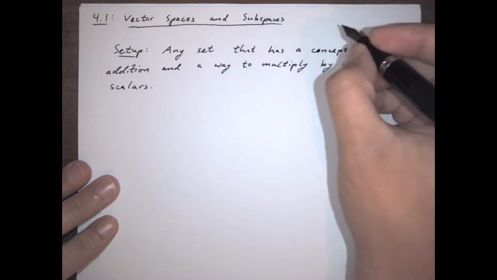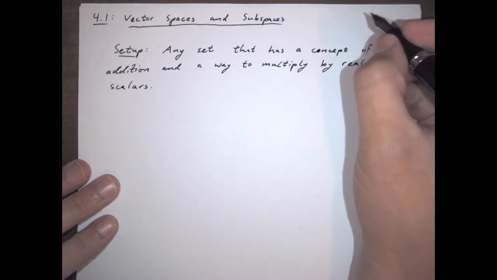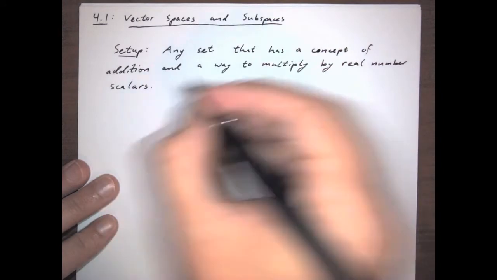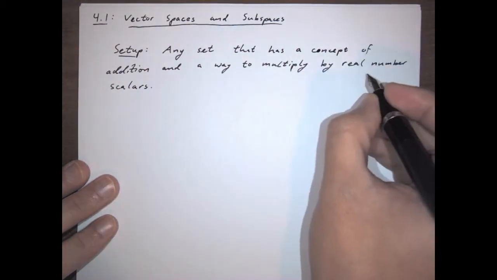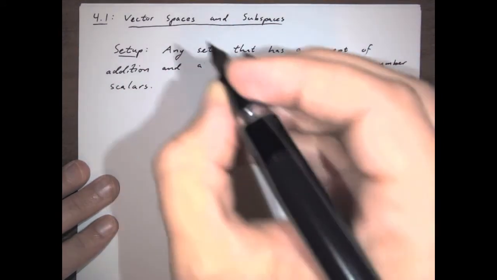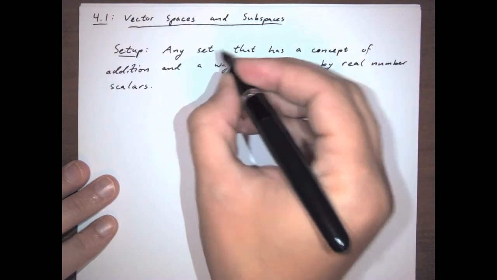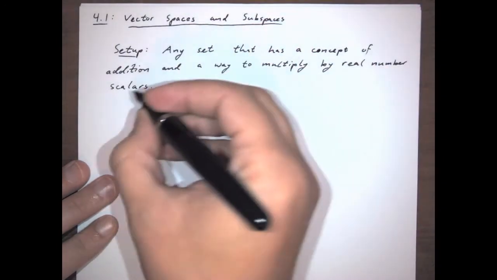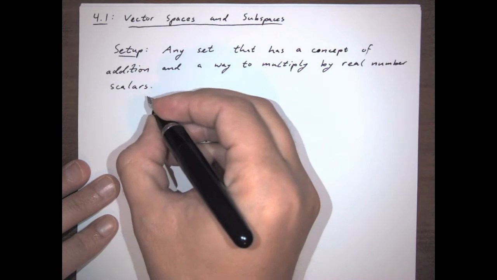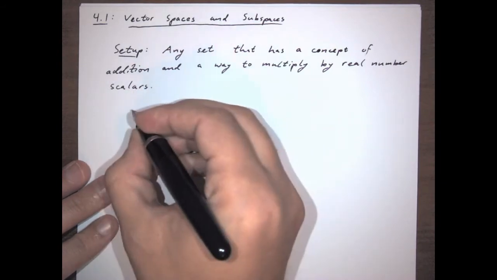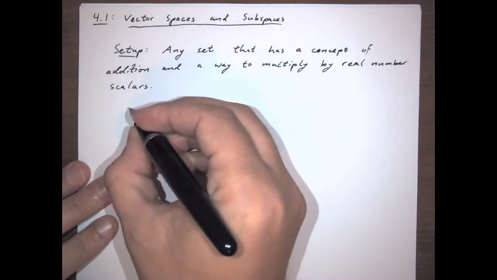So what we can say is it is a set that is equipped with addition and scalar multiplication. And the scalars are coming from the real numbers always. The set, though, can be all kinds of different things. Now, these sets may or may not be vector spaces, and that is what we are going to define now.